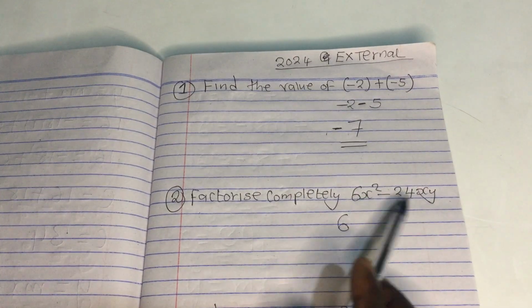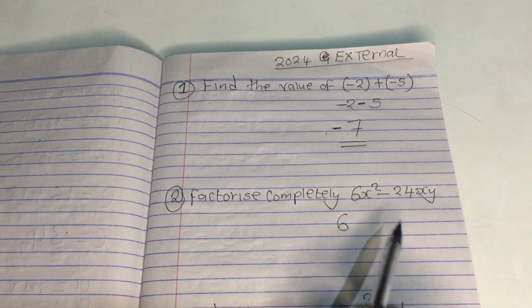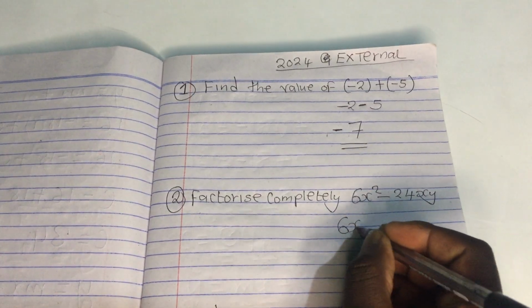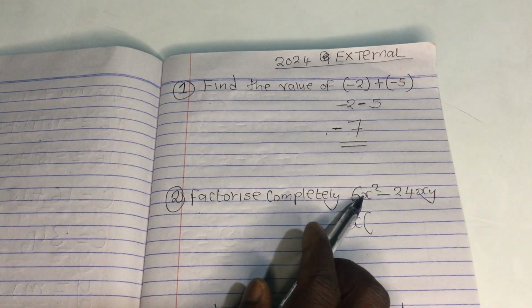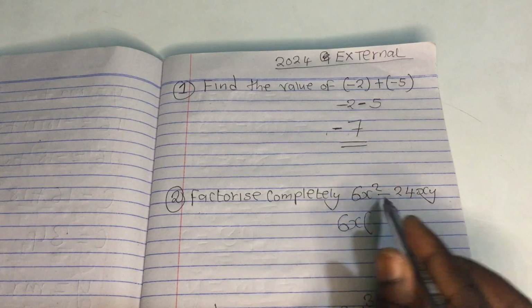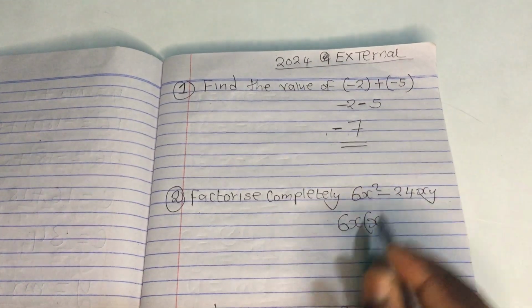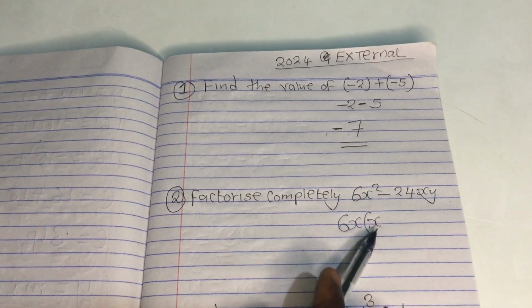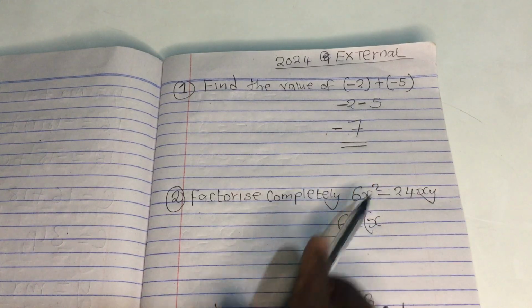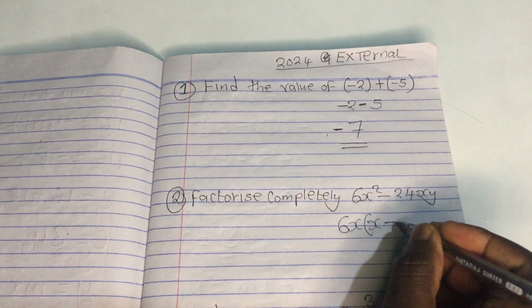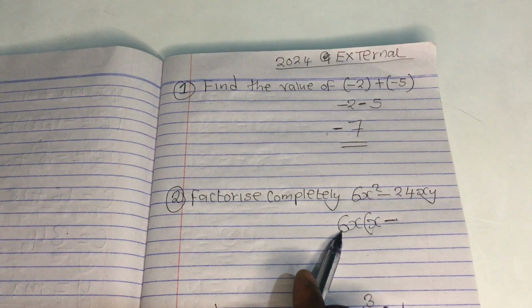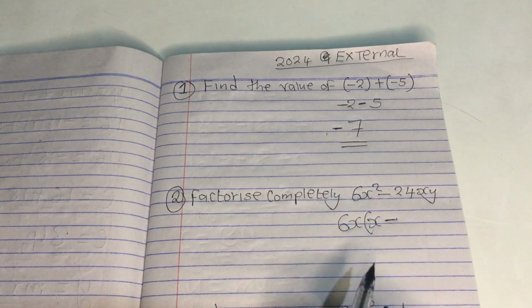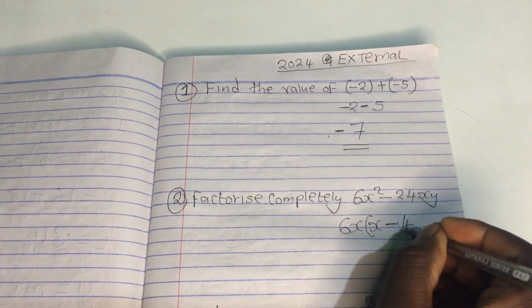What can you see here and this side? It's x and x. So you write 6x. What has remained here? It's just x. So you say x, so that when you say 6x times x, you get 6x squared. Minus. How many times can 6 go into 24? It goes 4 times.